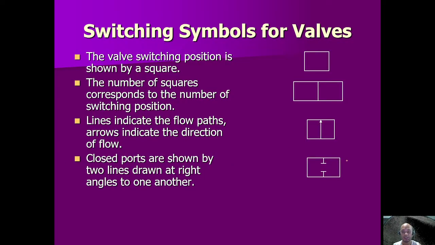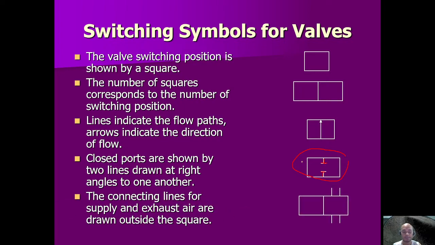Next, in this diagram, as we can see, there is no arrow. So the flow has been stopped, so the valve is closed. There are two ports. Closed ports are shown by two lines drawn at right angles to one another.